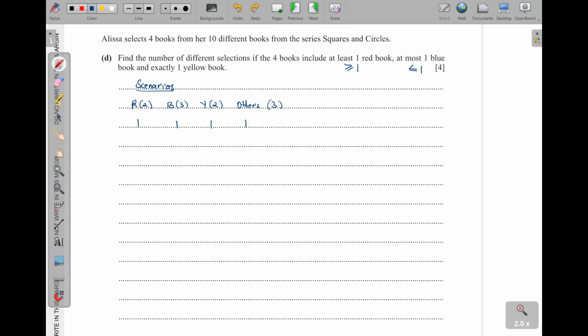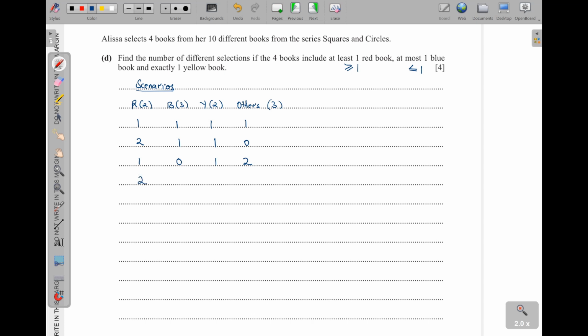We can also have 2 here because they said at least for the red, okay? 2, then we can have 1, then 1. That means here we don't have anything because the total is already a 4. Then we can also have a 1 here, then 0 here, because remember for the blue there is at most, so we can also take a 0, then 1 here, and then that means here we shall have a 2 to make a 4.